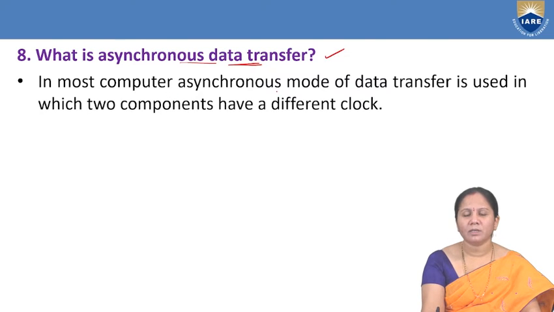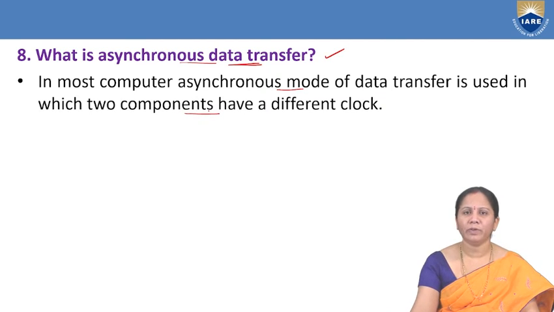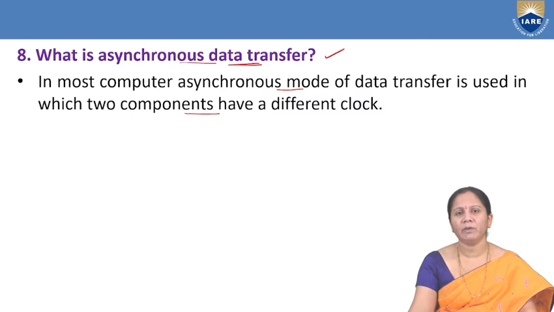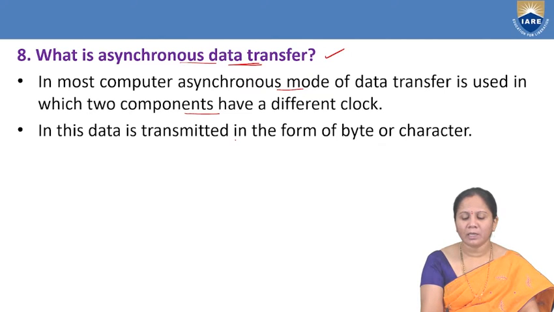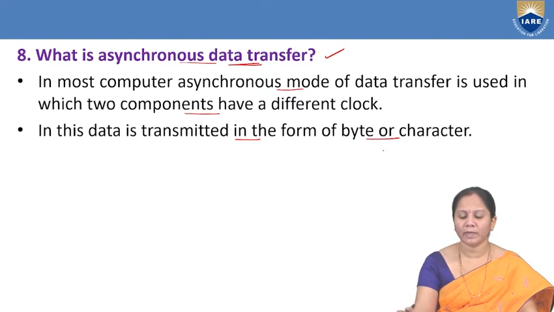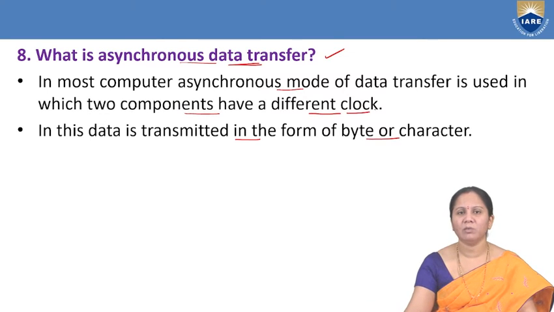Most computers use the asynchronous mode of data transfer, in which the two components have different clocks. That means the transmitter has a different clock and the receiver has a different clock. In this, data is transmitted in the form of bytes or characters. Since the transmitter and receiver do not maintain the same clock frequency, there will be gaps between the data.